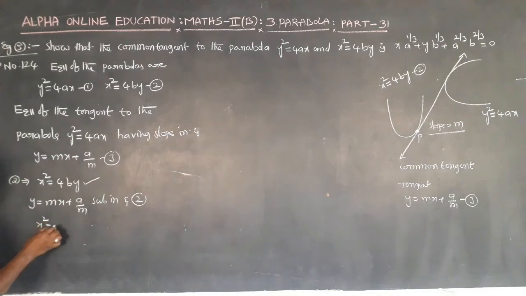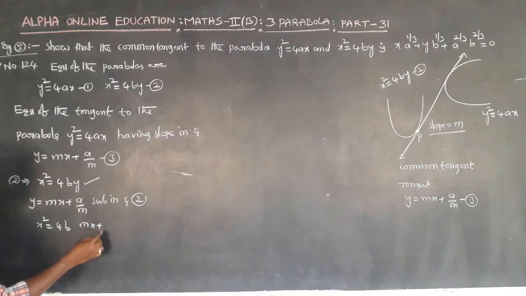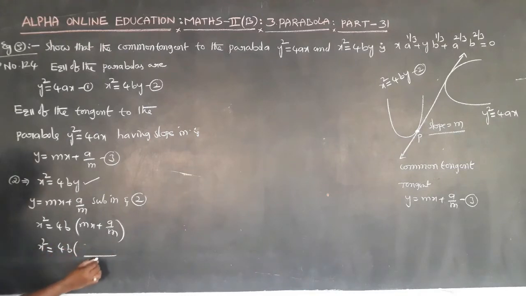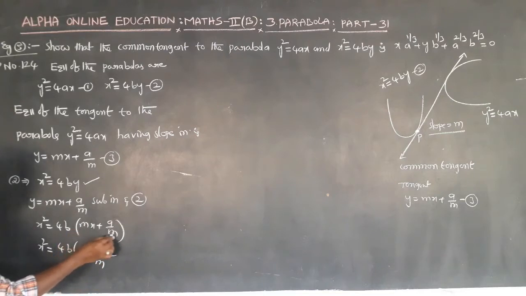X square is equal to 4b into y. Y is equal to mx plus a by m. X square is equal to 4b into, taking LCM, m into m square x plus a.